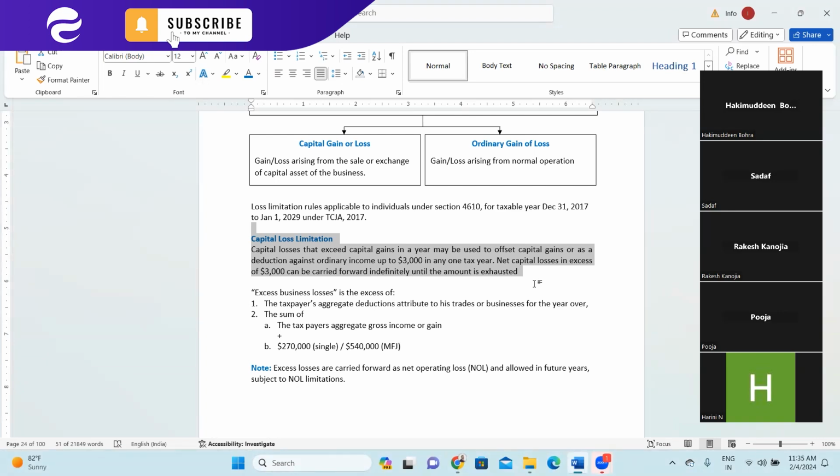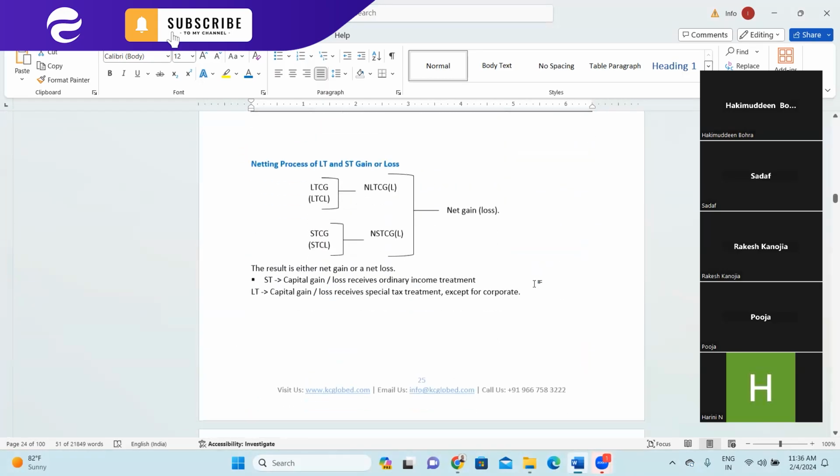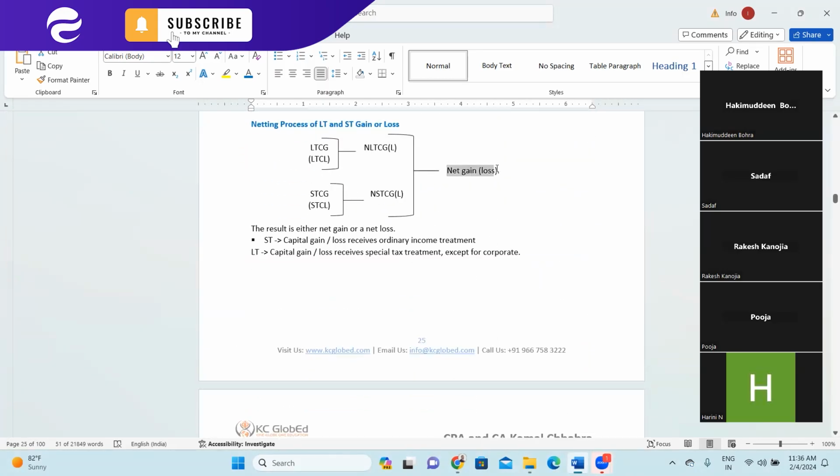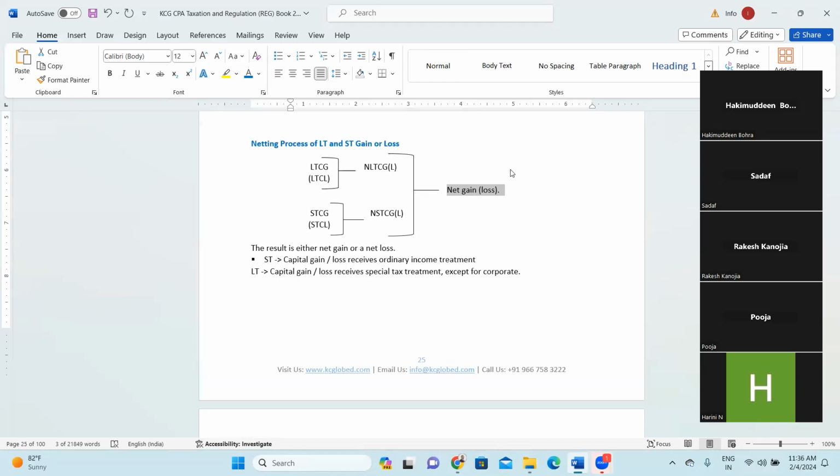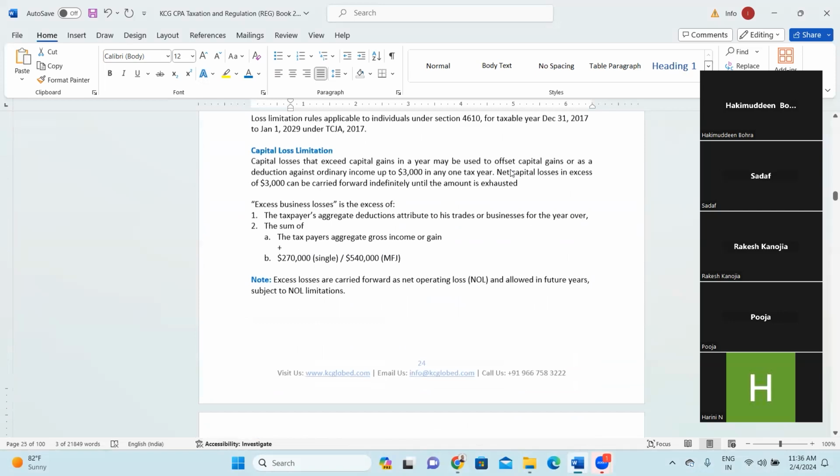If this net result is a loss, then up to the first $3,000 of loss, you can adjust against the ordinary income, and the remaining capital loss can be carried forward for future years, right? So this is what it means. Clear, everyone?